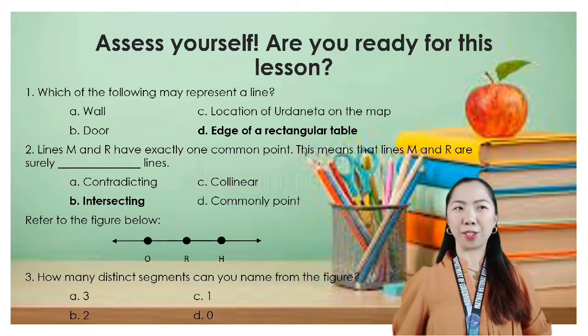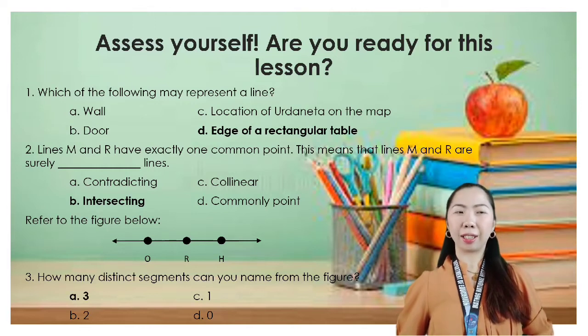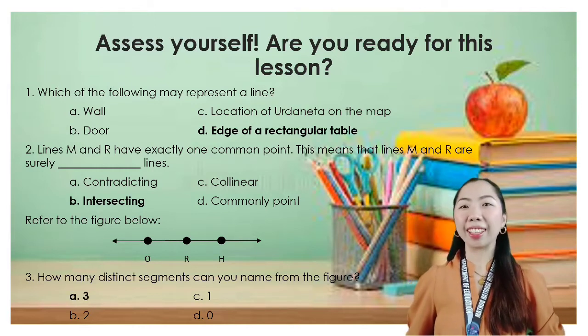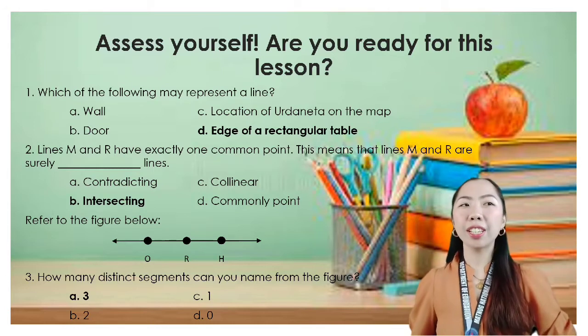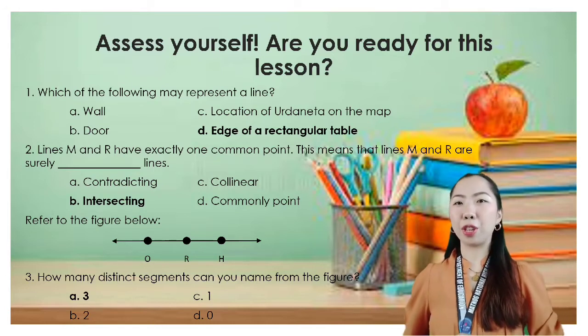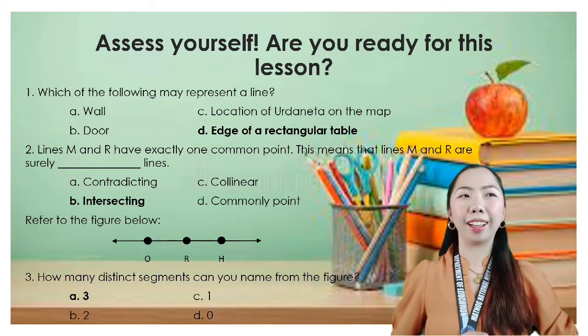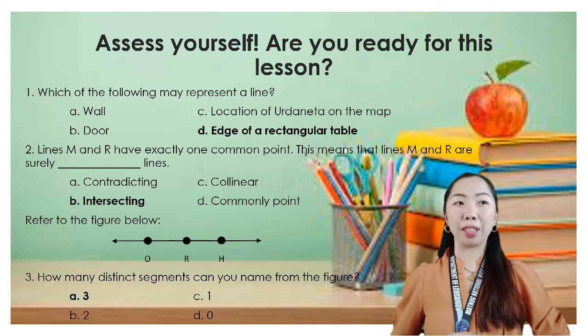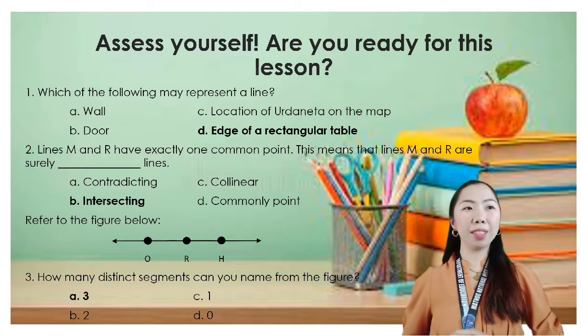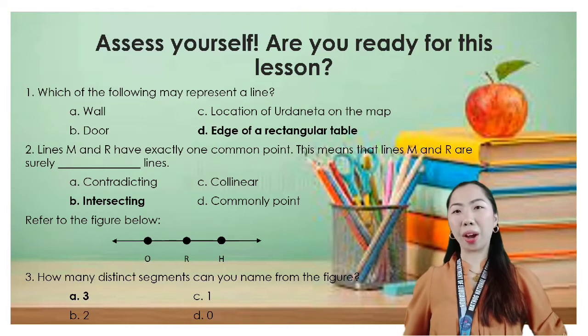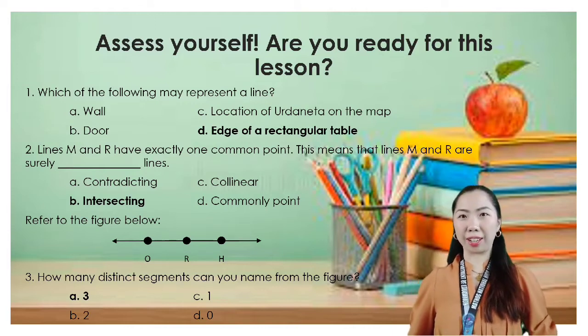Let us see if your answer is correct. Okay, that is correct. It's 3. So what are the distinct segments that you have figured out? Okay, segment OR, segment RH, and segment OH. That is why our answer is 3.